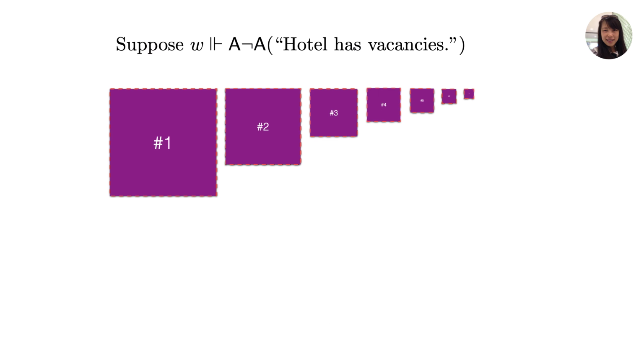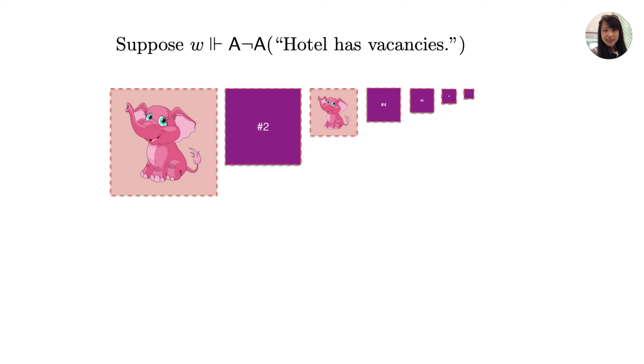Suppose that in world W, it is true that not A hotel has vacancies. This just means that if we open some doors, finitely many, suppose we open door number 1 and number 3, then we should obtain the fact that in such a world, not the hotel has vacancies is true.